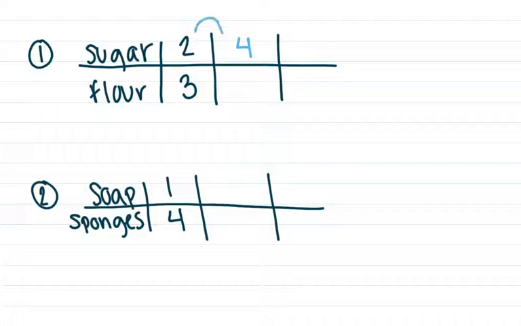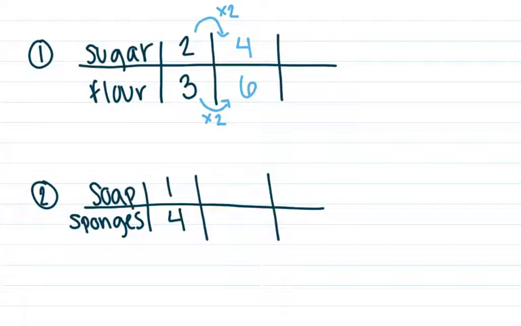Well, 2 times 2 is 4, so that means if I multiply this bottom flour number by 2 as well, it will tell me how many tablespoons of flour I would need. So if I had 4 tablespoons of sugar, I would need 6 tablespoons of flour.